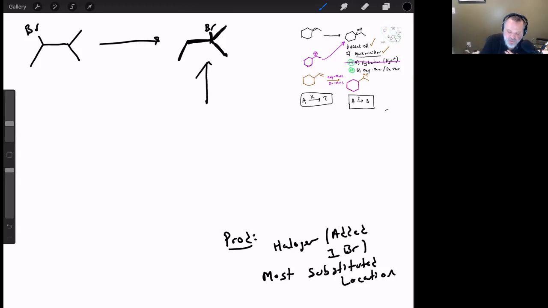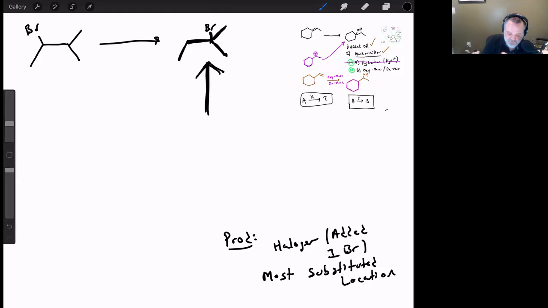How could I have made this product? The idea behind retrosynthesis is to think backwards. Do you know a reaction that adds bromine in the most substituted location of some sort of reagent?